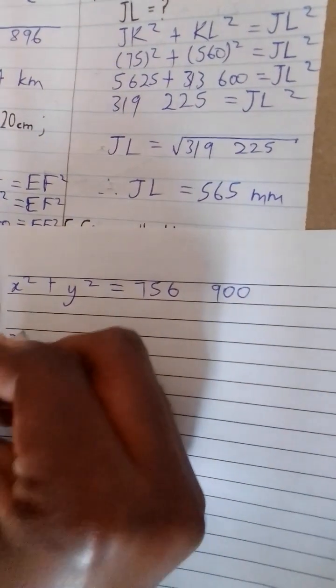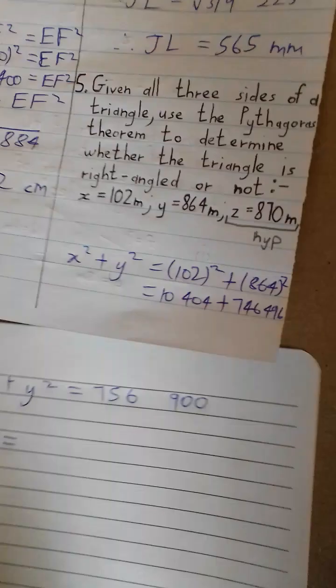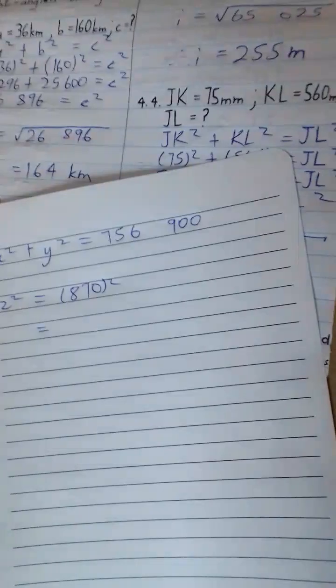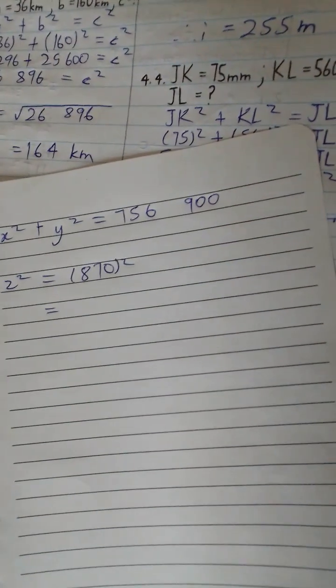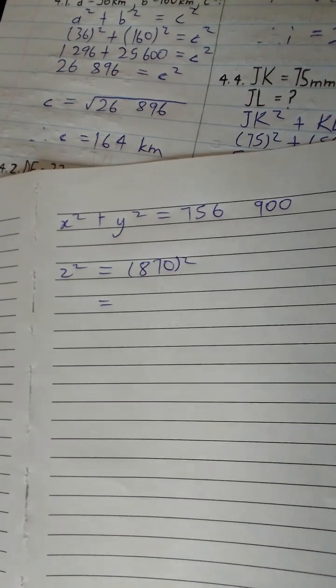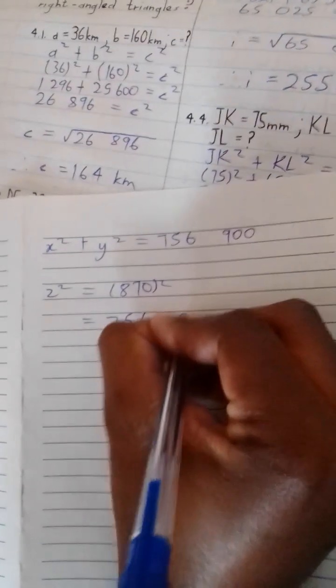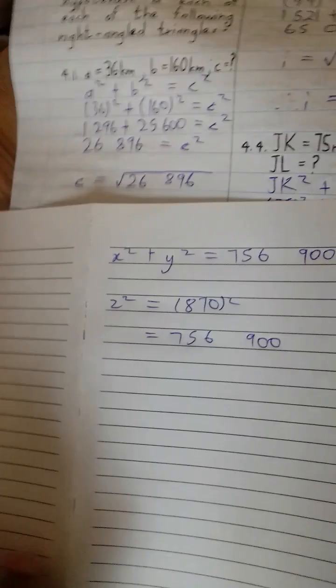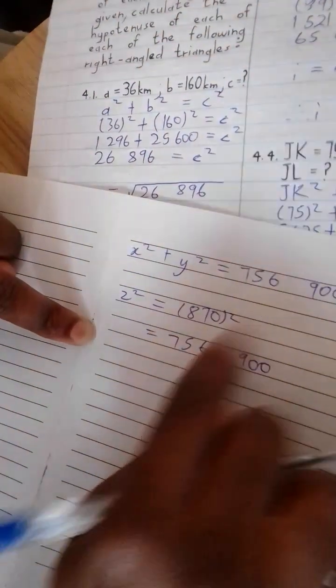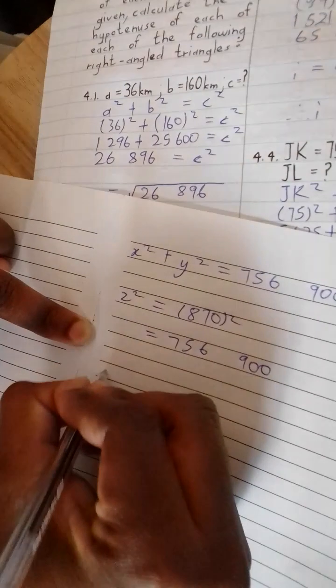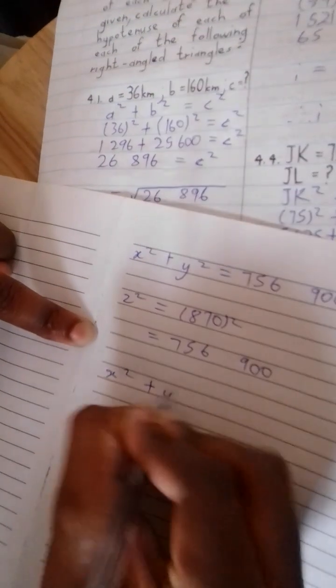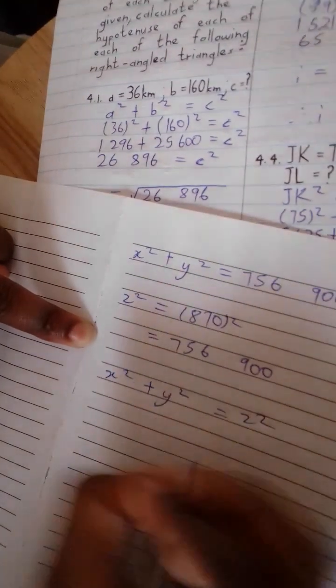Then we calculate z squared. What's z? 870. 870 squared is 756,900. So as we can see, same number, right? So you're going to say x squared plus y squared is equal to z squared.